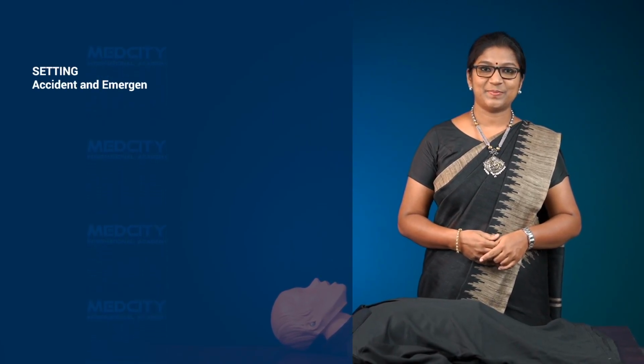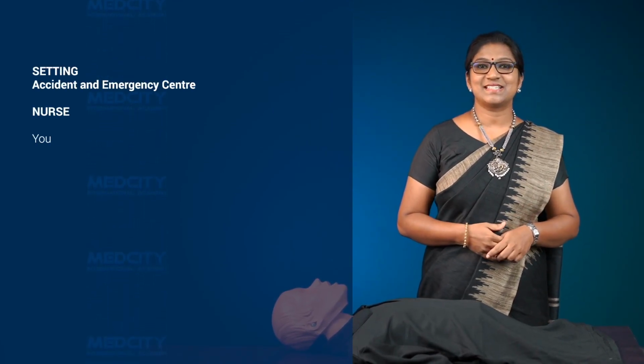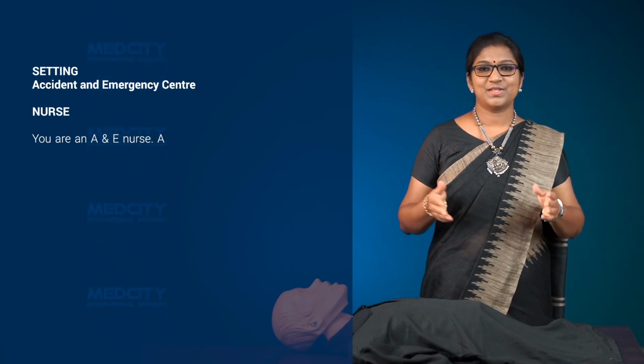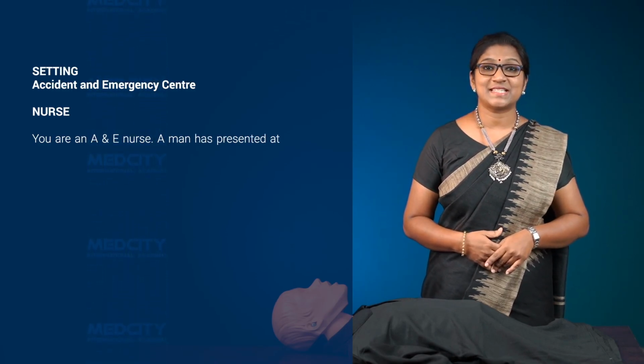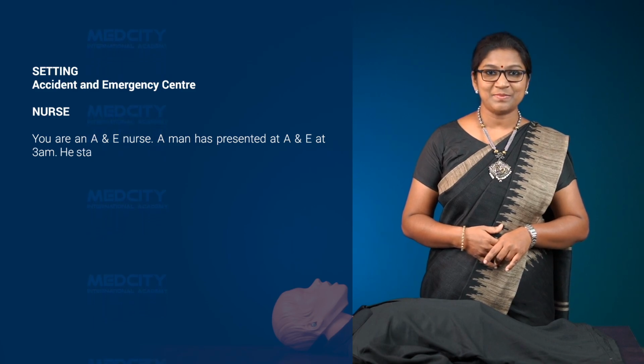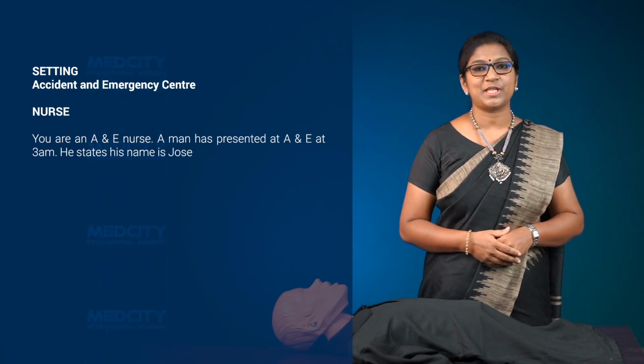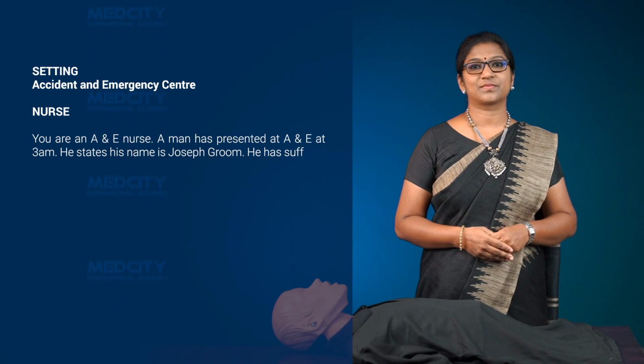Setting number 1, accident and emergency. You are an accident and emergency nurse. There is this patient who has presented himself at 3 a.m. He states his name to be Joseph Groom.